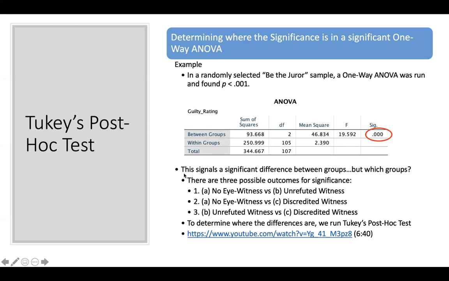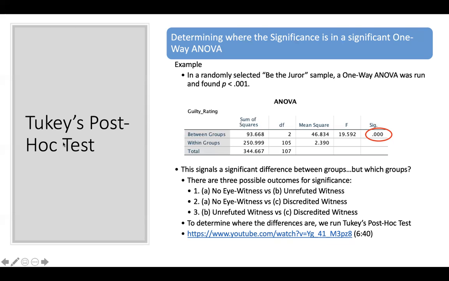Does it show anywhere where the difference lies? There are three possible outcomes. Either the no eyewitness group differs from the unrefuted eyewitness group, the no eyewitness group differs from the discredited eyewitness group, or the unrefuted eyewitness differs from the discredited eyewitness. How do we know? There's no way to tell currently.